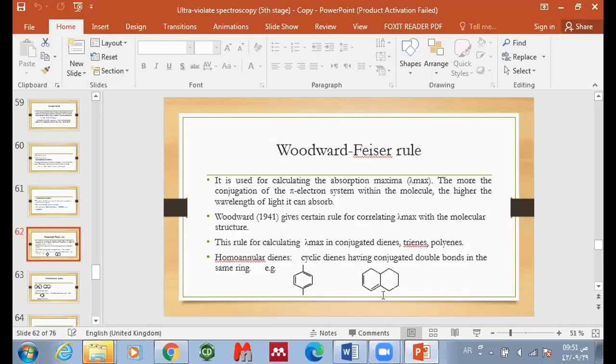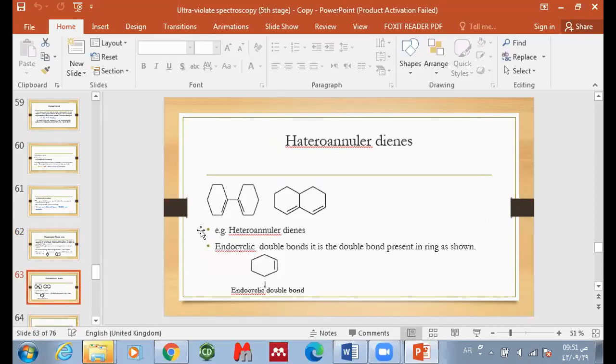And he studied heteronuclear, where the conjugation happens in two different rings, as in this figure.